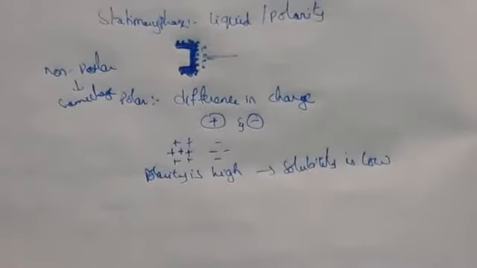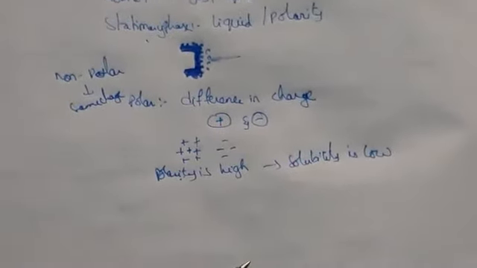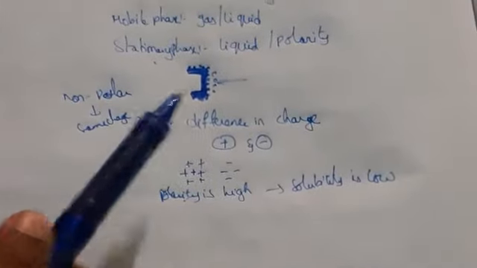Why? Because in a stationary phase, a liquid is already present. The polar molecules are attracted to the stationary phase. The positive molecules are going to attract the liquid molecules.